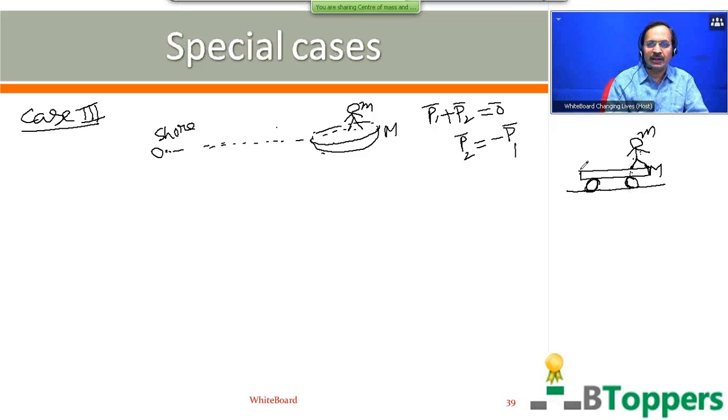The man begins to walk on the trolley in one direction. The trolley starts moving in the opposite direction. When the man stops, the trolley will also stop. So I am going to discuss the calculation for this case, where similar calculation applies here also. You will find a number of examples based on this case in different books.